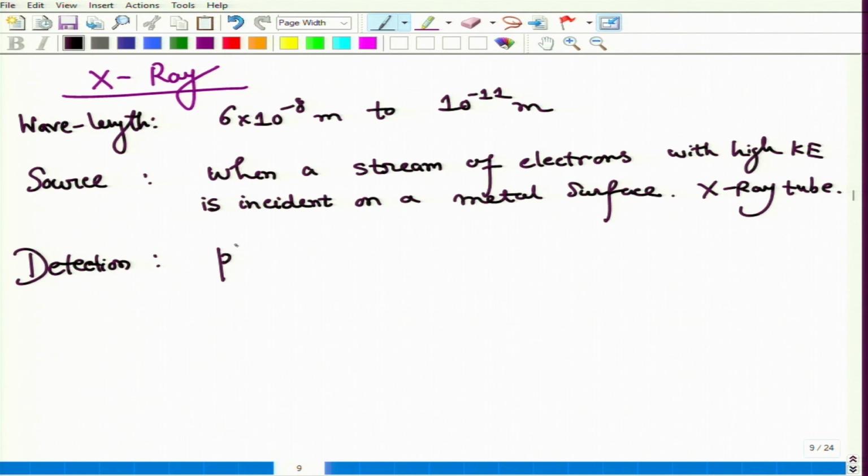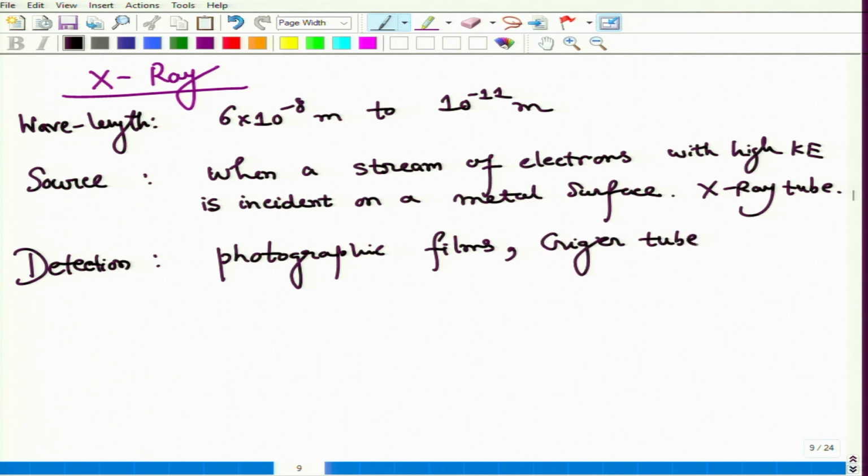Detection is also in photographic plates, Geiger tubes, ionization chamber.